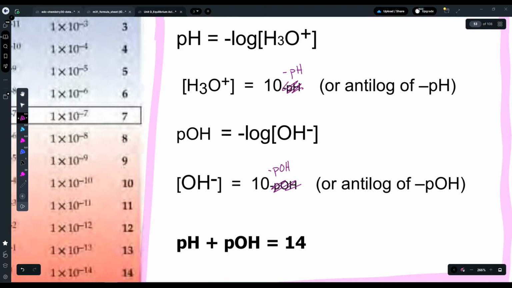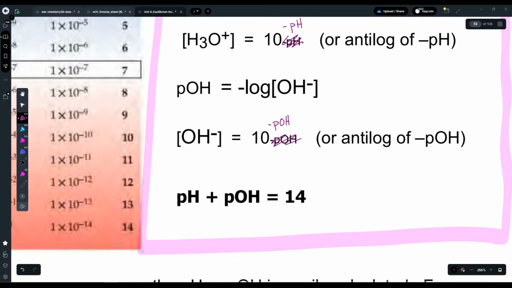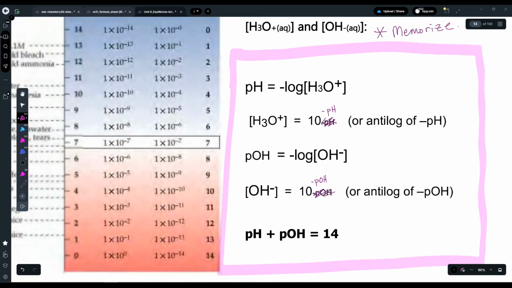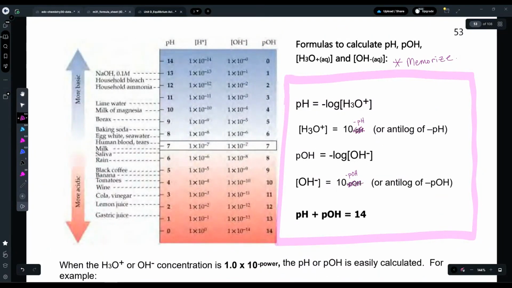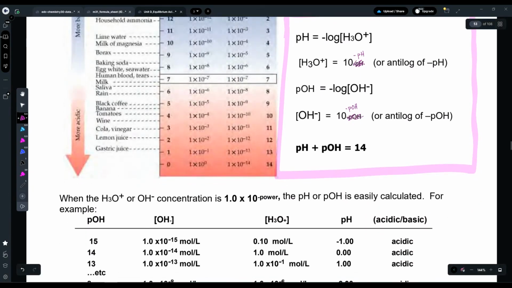So just watch out for that. And this last formula says that you can use pH to find pOH, or you can use pOH to find pH. Okay, so that's just some notes about the formulas on this page, but you do have to memorize all of them.